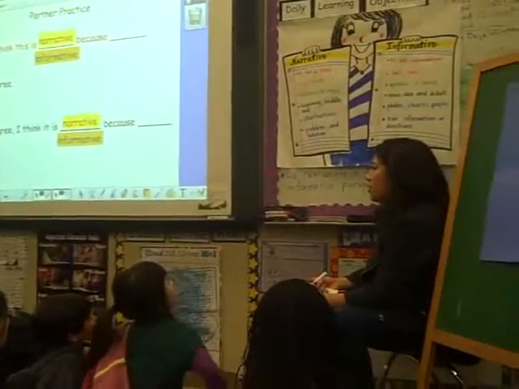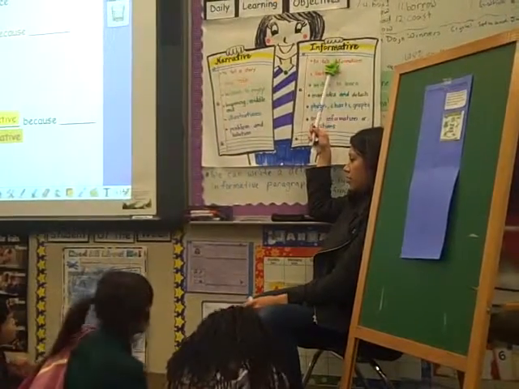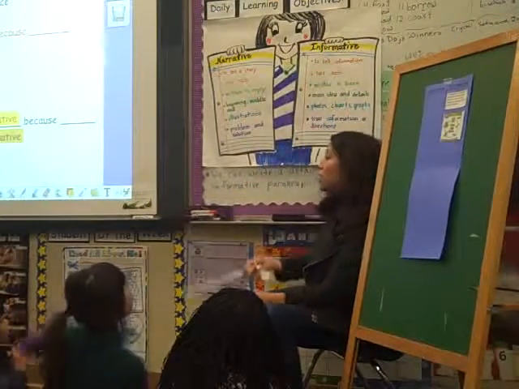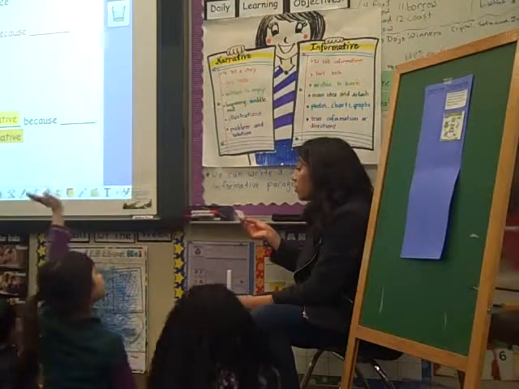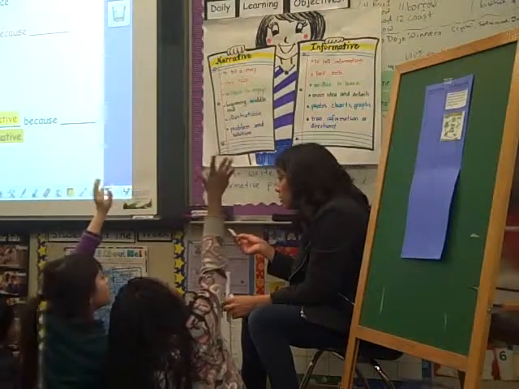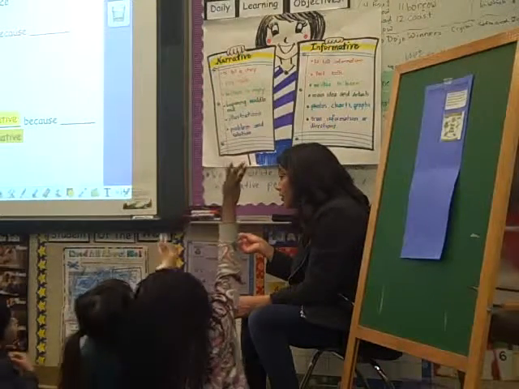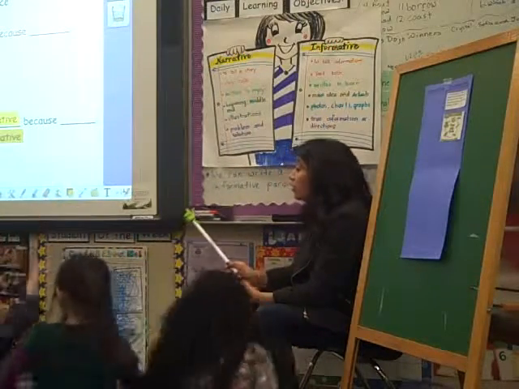Informative writing because it is written to learn. Is this written to learn? There were so many wonderful pets that I could not decide. Did that teach you something? Julie, loud and proud.